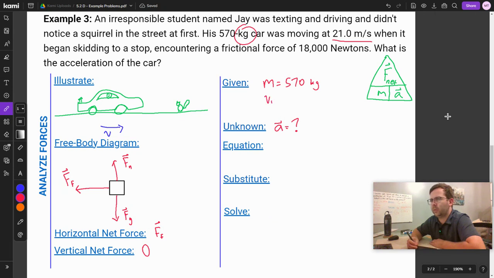So the initial speed was 21.0 meters per second. The final speed of the car is 0 because it said it skidded to a stop. And it says it has a frictional force of 18,000 newtons. So I'm going to write that over here.